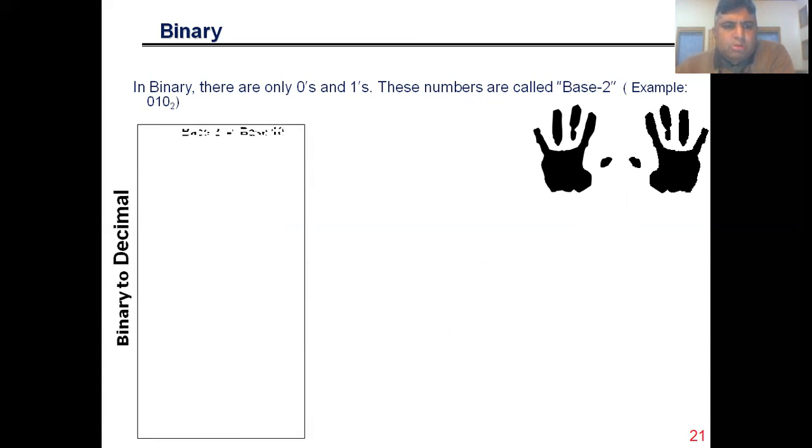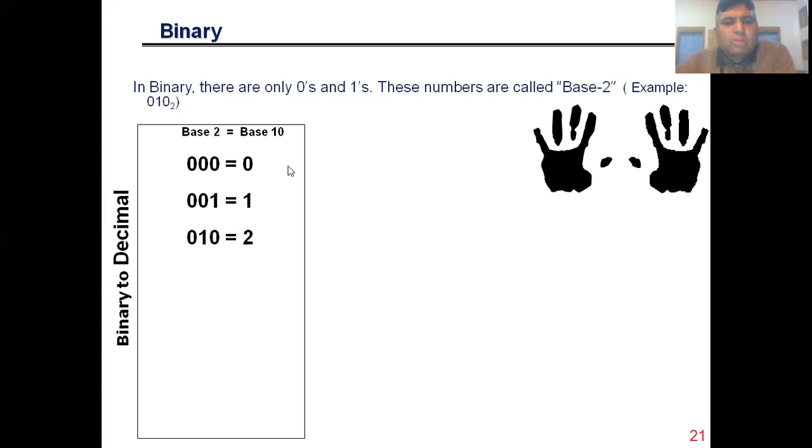Binary to decimal, base 2 and base 10. In base 10 the decimal 0 can be represented in base 2 by 3 bits, 000. Decimal 1 can be represented by 001. Next, decimal 2 can be represented by 010 in base 2.